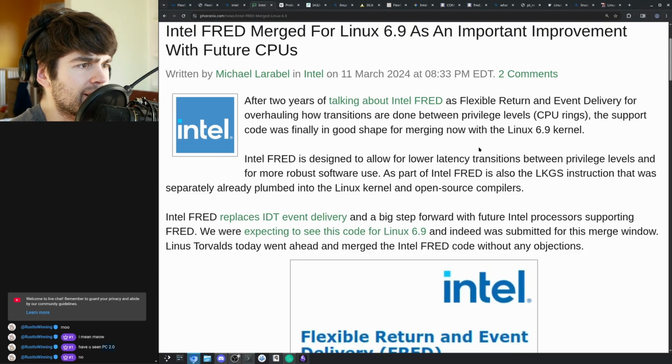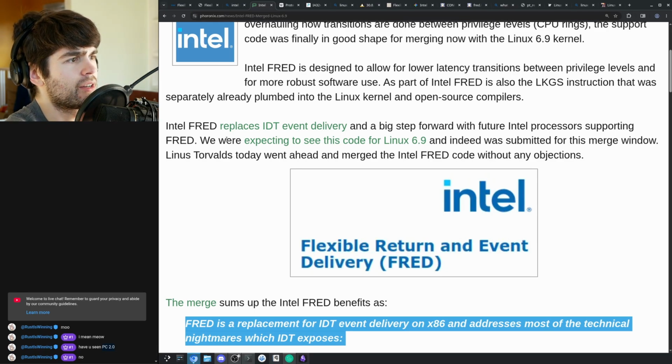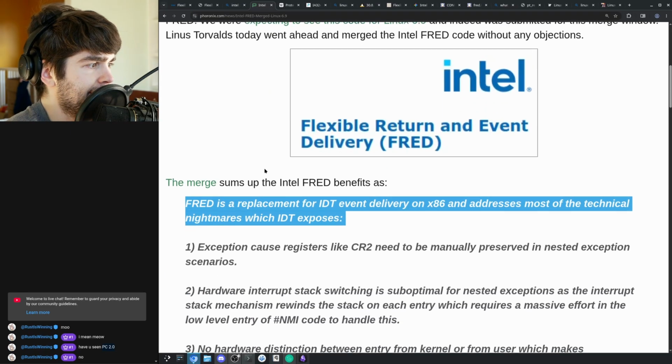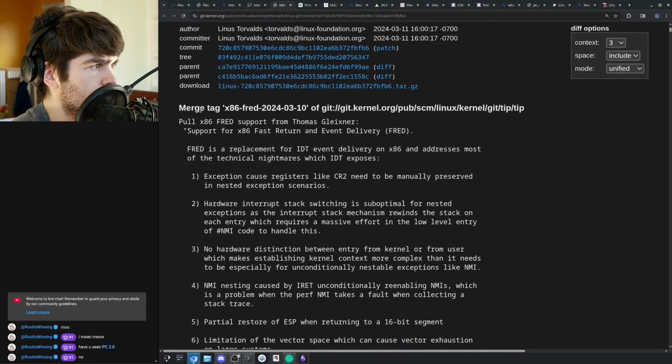As part of Intel FRED is also the LKGS instruction that was separately already plumbed into the Linux kernel and open source compilers. Intel FRED replaces IDT event delivery, a big step forward with future Intel processors supporting FRED. Okay. We were expecting to see this code for Linux 6.9. Okay, let's go look at the merge, not the merge window, just the merge.